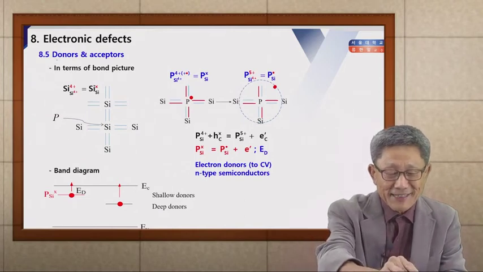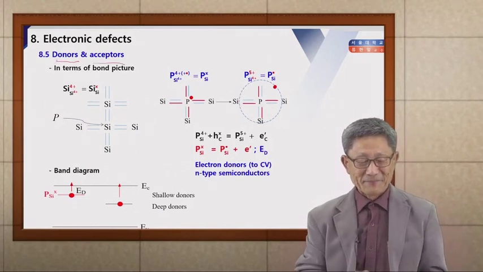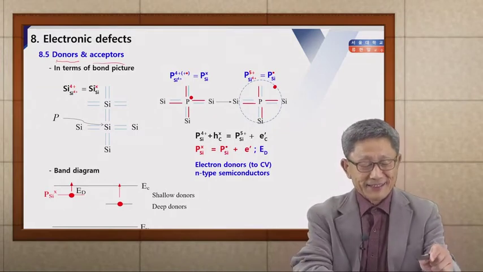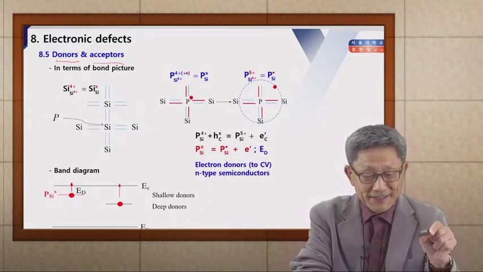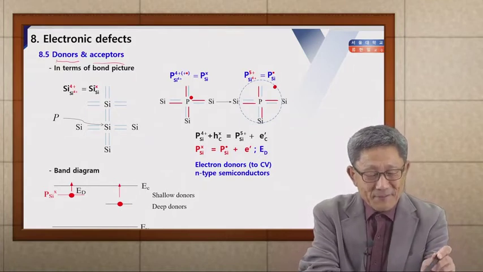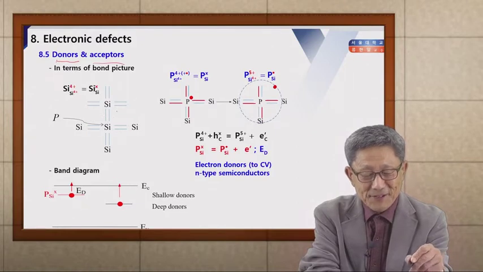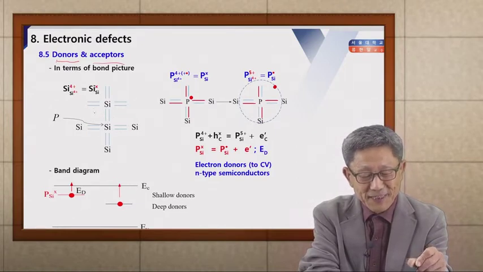Typically, there are two types: donors and acceptors. Okay. Now, let's study what donors are. Suppose that we have pure silicon. Silicon is covalently bonded with the neighboring silicon by sharing 4 electrons with each other, to fill up the 8 electron sites on the outermost orbital.